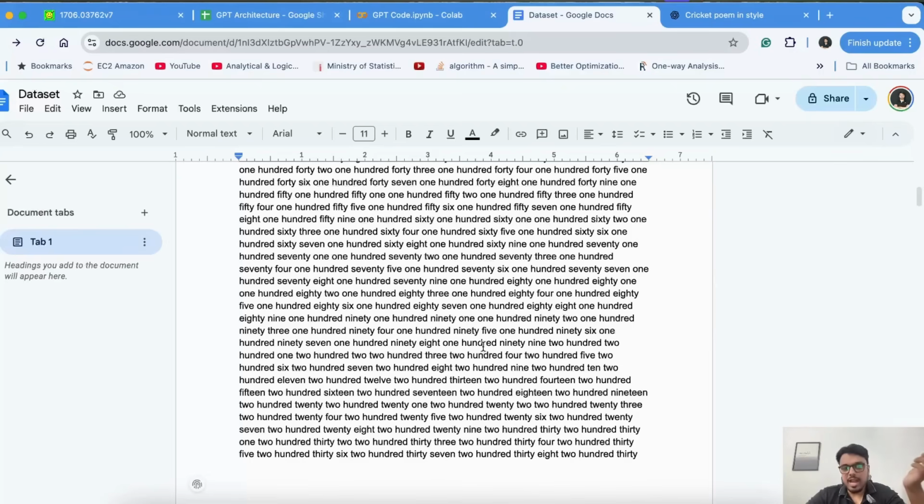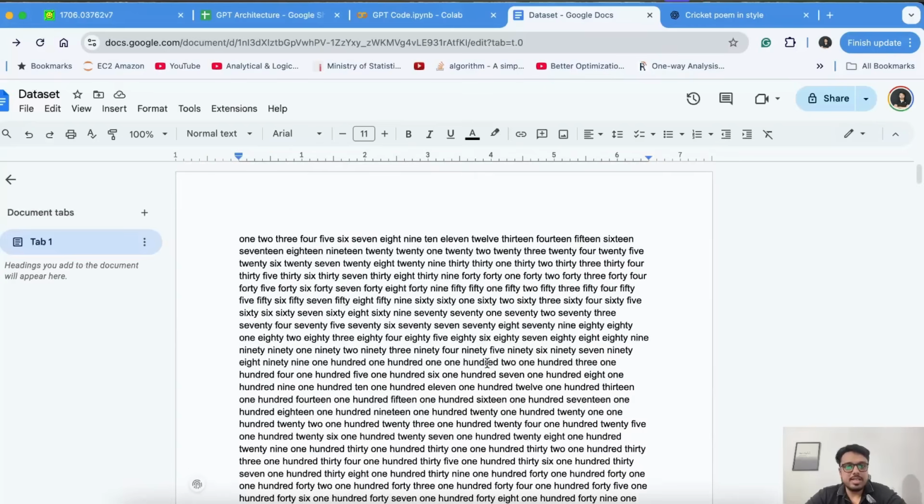And what we will try to do over here is train a model that takes in a sequence of words and tries to predict the next word. So 179, 180, 181, 182, 183. If this is the input sequence, then the next word that the model should predict is 184, and so on and so forth.